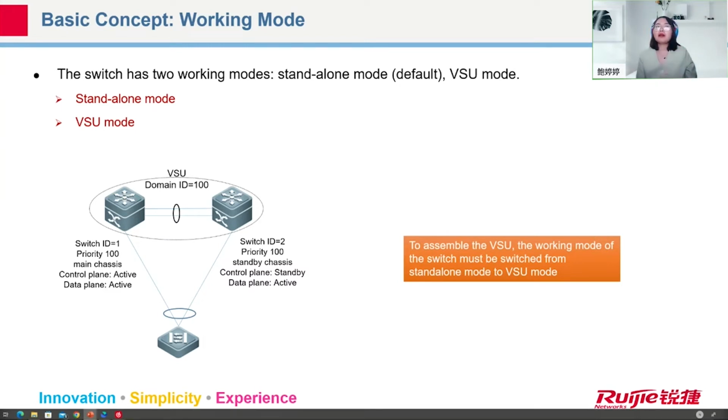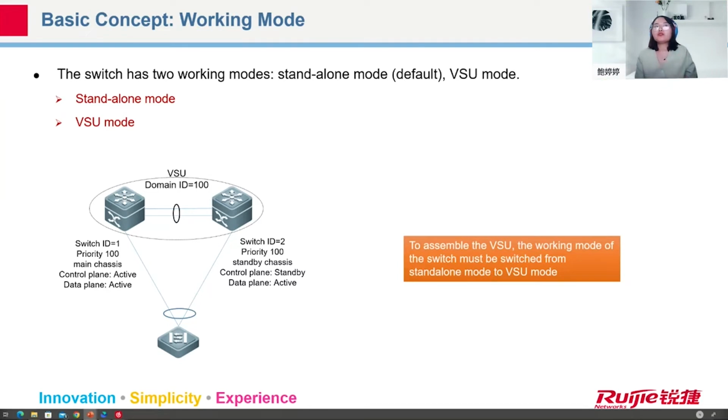After we use VSU to combine the devices together, each device has one control plane and one data plane. But with two devices, only one control plane will work to do the calculation, like the brain of a person. All the devices' data planes forward the traffic according to the forwarding table from the brain, the control plane of the master. So this is the basic idea.